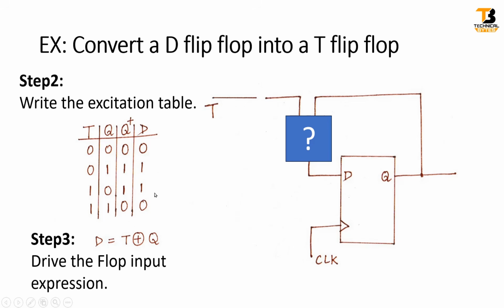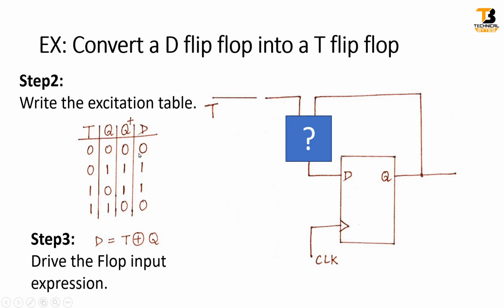Now here excitation table means how the flip-flop should be excited. What input should be given to my flip-flop so that it should give me the desired results. So this is the expected output, the output of T flip-flop, but eventually it is the output of a D flip-flop. So what should I apply at this D input so that I should get the expected output?